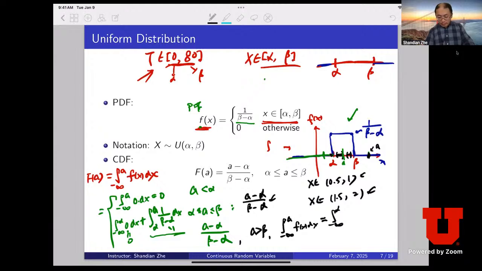We know that in this range, lowercase f is always 0, right? The second range is inside alpha and beta, and in this range the f value is this constant, 1 over beta minus alpha, dx, right?